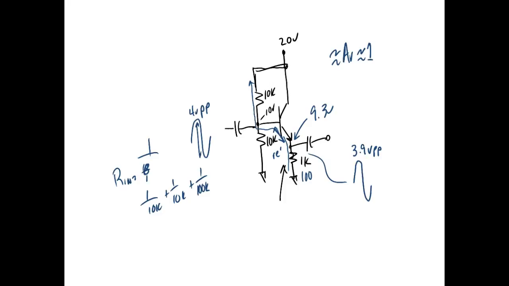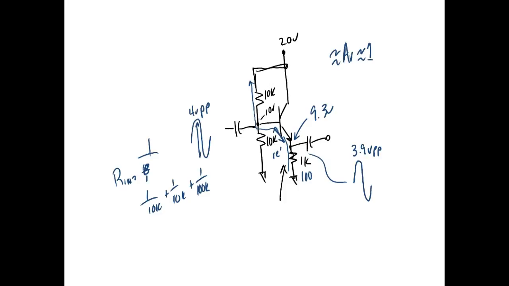What is it? In parallel circuits, it's going to be a little less than 5K. If it was 10K and 10K, it would be 5K, right? And then we've got 100K in that.